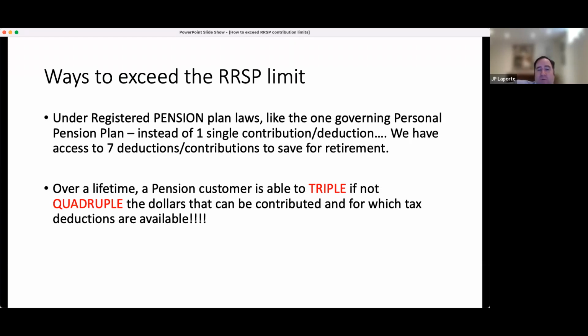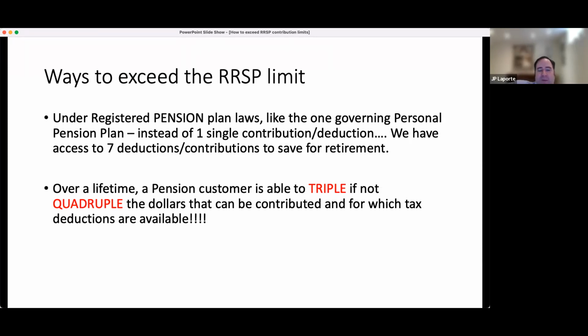Well, one way, and probably the only way, is to make use of registered pension plan laws, to put in place something like a personal pension plan or some sort of registered pension plan where under the law we have access to 7 deductions and contributions to save for retirement instead of just 1.